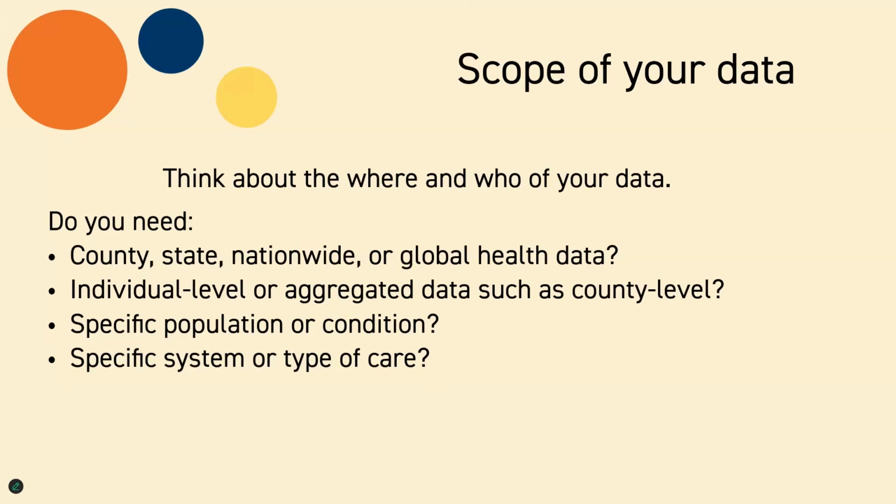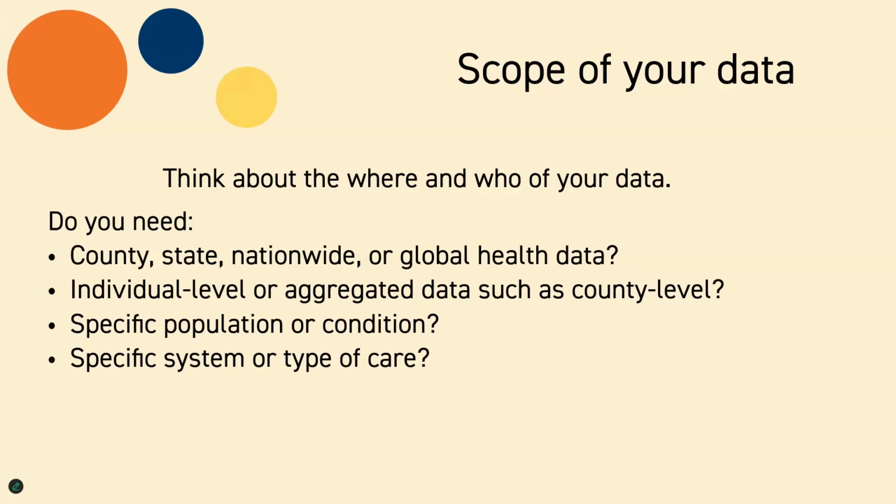And next, you want to think about your scope. So you want to think about the where and who of your data. So this is the population. Are you wanting country? Do you want state, nationwide, possibly global data? Are you looking at, like I said, the individual level, or are you wanting more of a country level, county level, or do you need to look at a specific population? Maybe you're looking at rural versus urban.